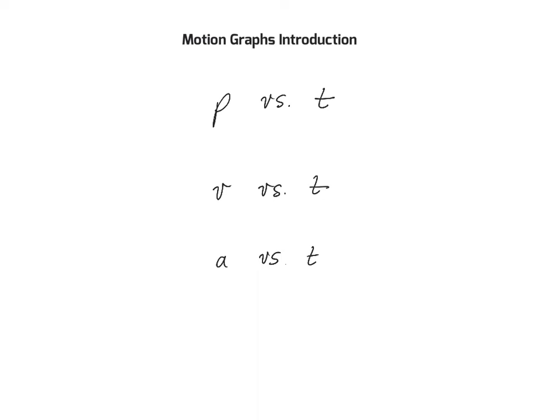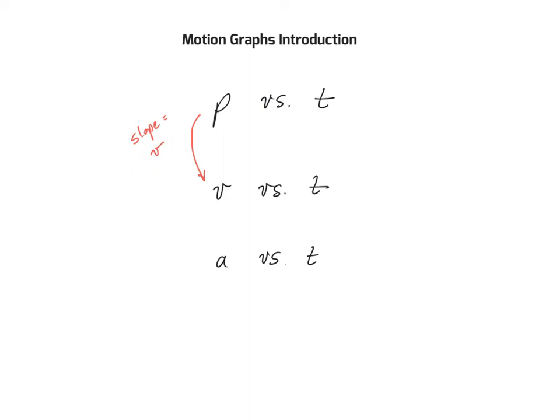Now, going from a position versus time graph to a velocity versus time graph, the slope equals the velocity. Okay, so from the position versus time graph, we can get what the velocity of that object is.